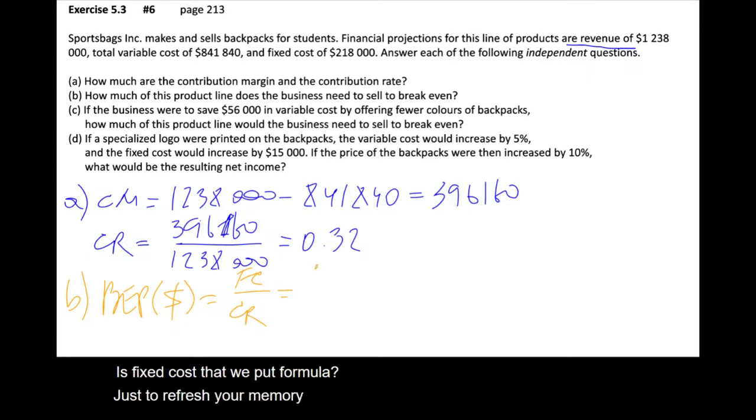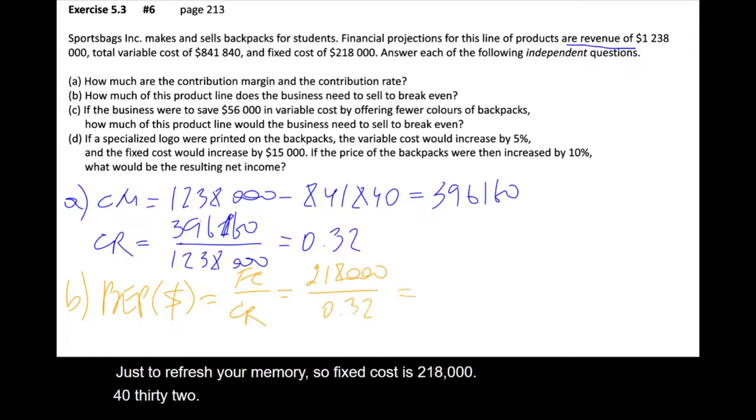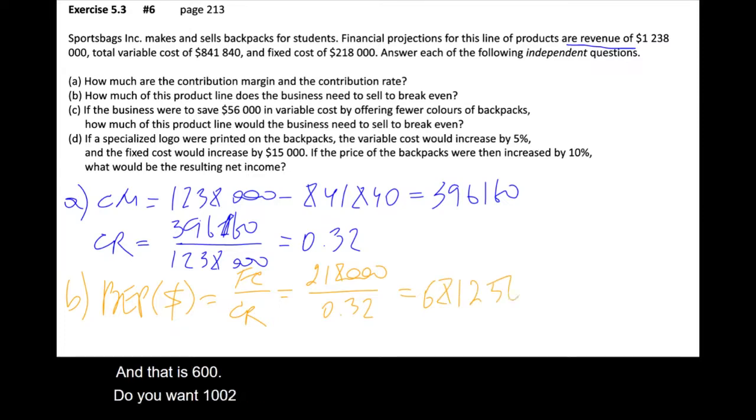So fixed cost is 218,000 over 0.32, and that is $681,250. So that is the answer for B.